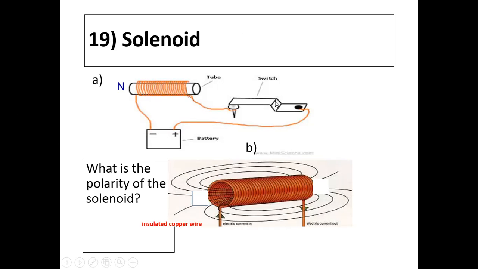There's a current going that way. Right? Current and field are different. This part is going to be clockwise. Coming out, so it should be north or south? Should be south, isn't it? Here.